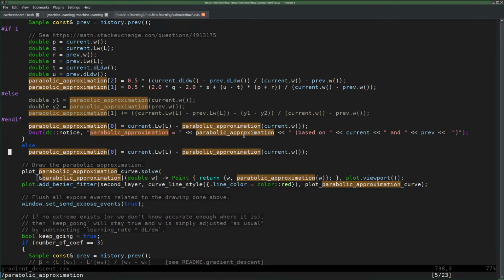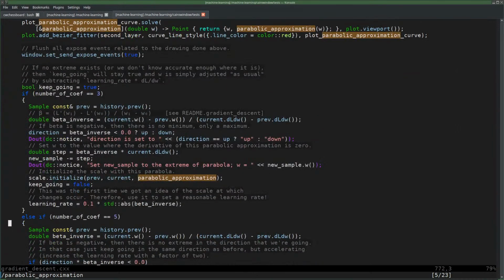No, that's just finishing it. So it's still just a constant. Do the parabolic approximation, I guess that did it. Did that right? Just a horizontal line, the constant. And then keep going is true.